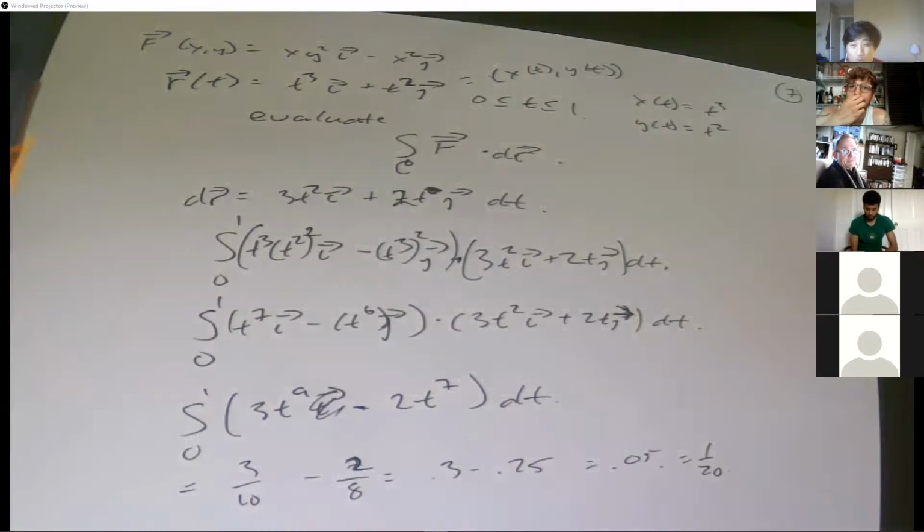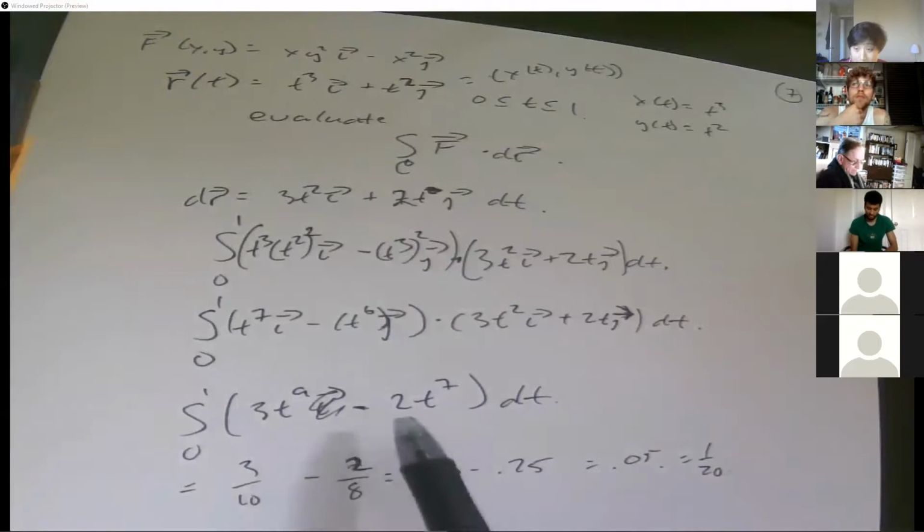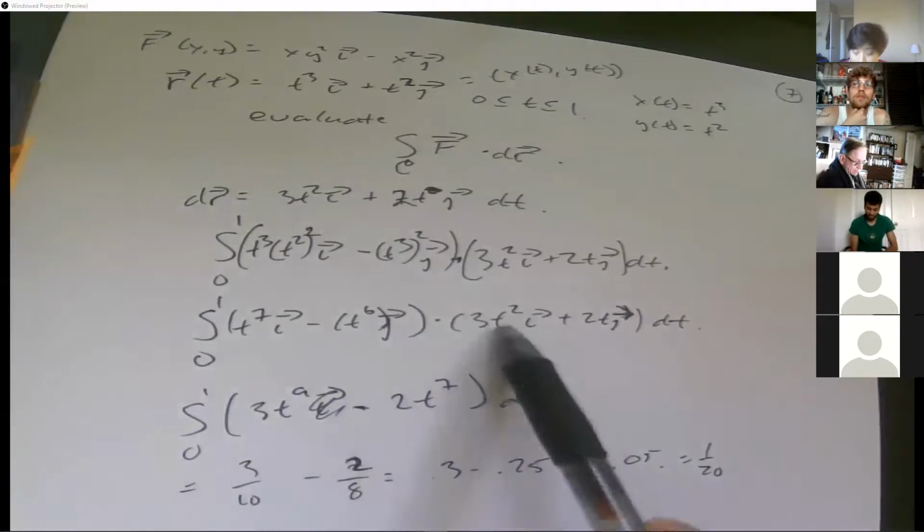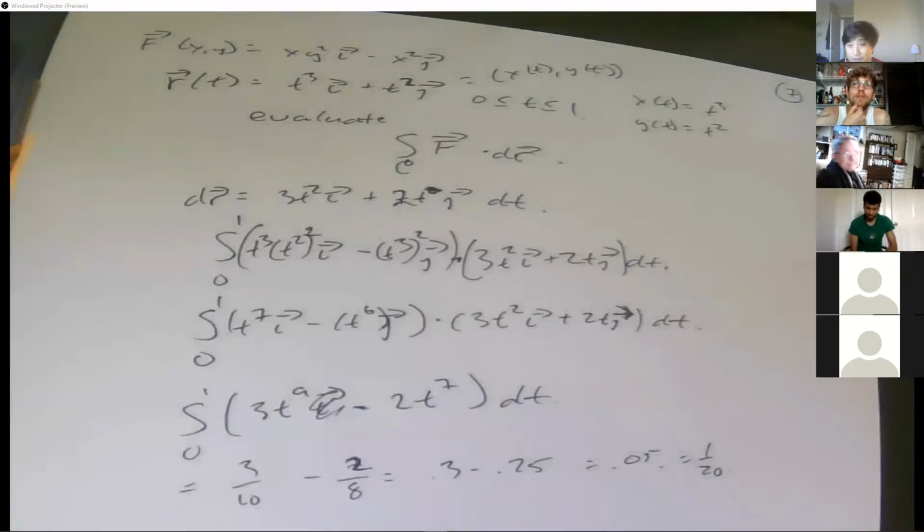So when you're going through these examples, be really careful about what you're actually doing, and make sure that you're integrating a scalar after you take a dot product. At all these steps, check what kind of object you're integrating, not necessarily units of measurement, because we aren't actually measuring things necessarily.